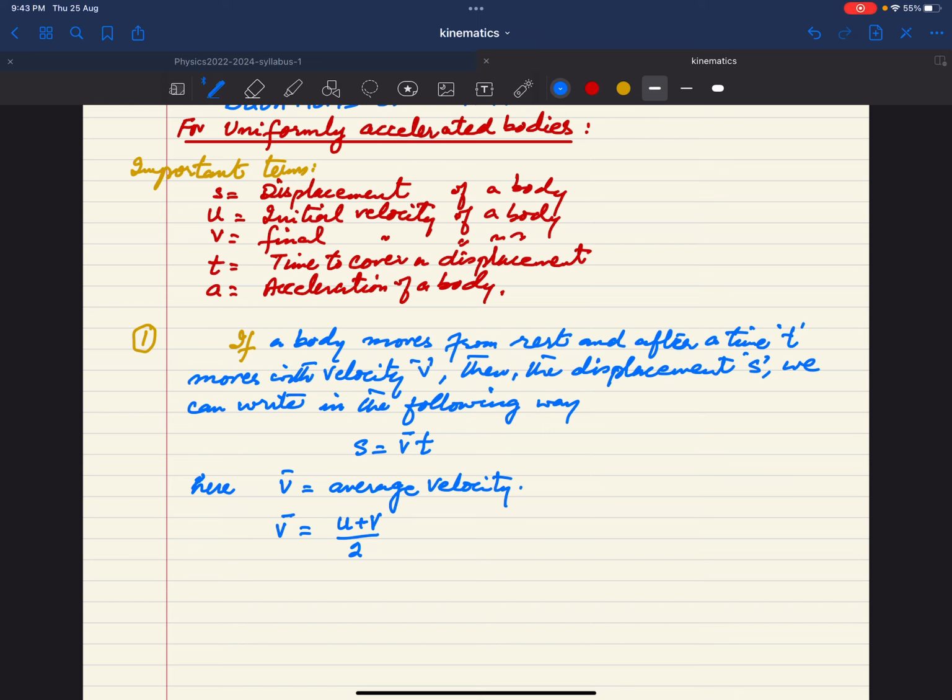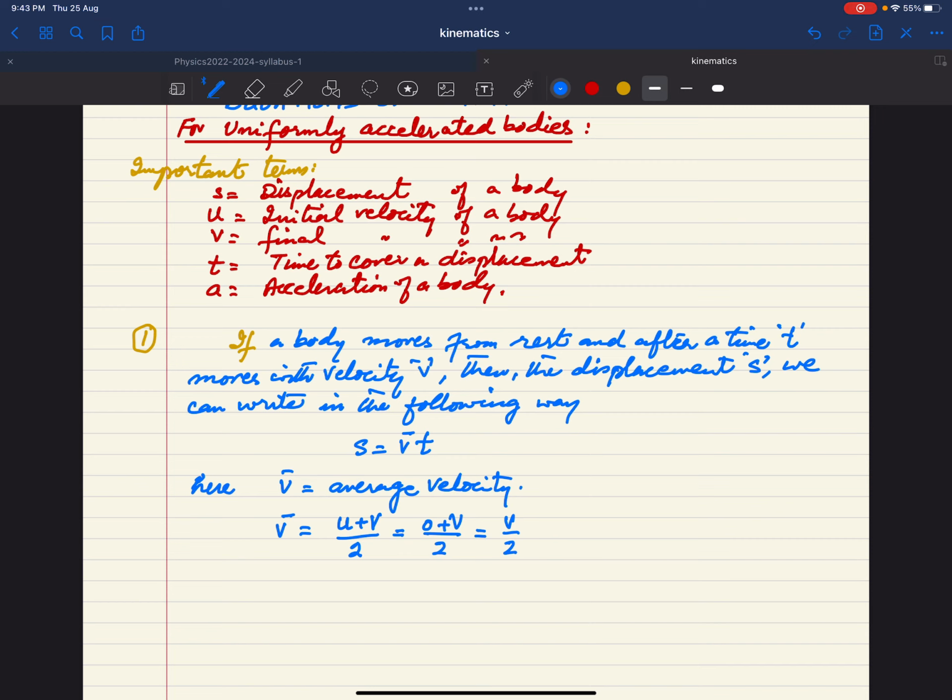If the body is at rest at the initial state, not moving with a certain velocity, then initial velocity is 0. So here you have the final velocity, and the final velocity divided by 2 will give you the numerical value of the average velocity.